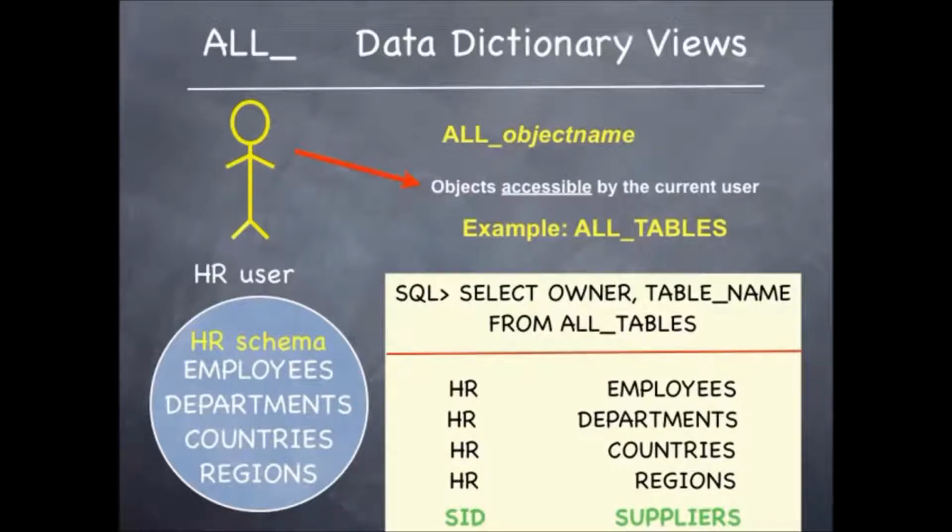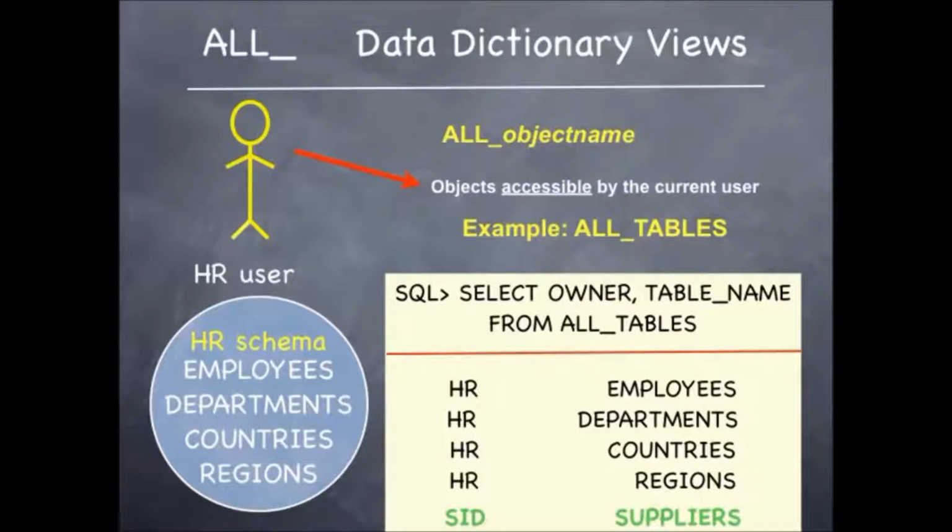On the previous slide, we looked at the user SID giving the user HR read access on a table called suppliers. If the user HR issues a query such as SELECT owner, table_name FROM all_tables, the user HR can see the owner of the table and the names of the tables in their own schema.